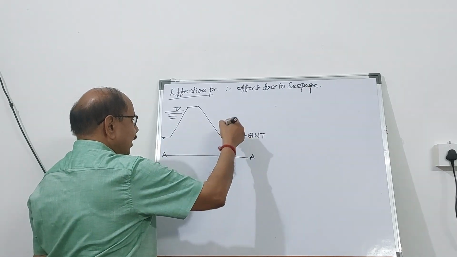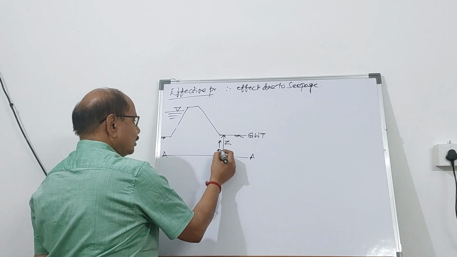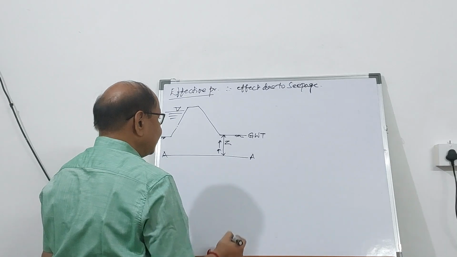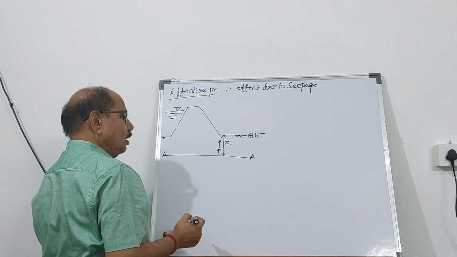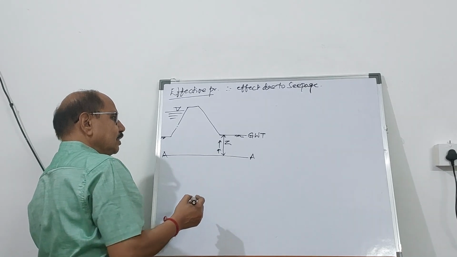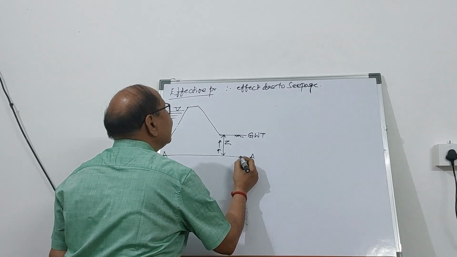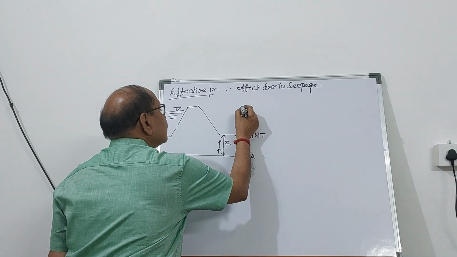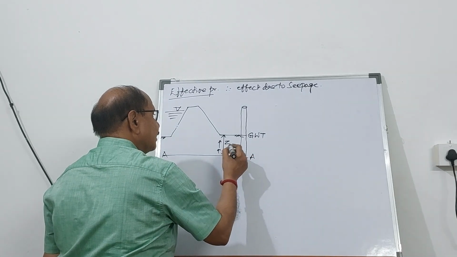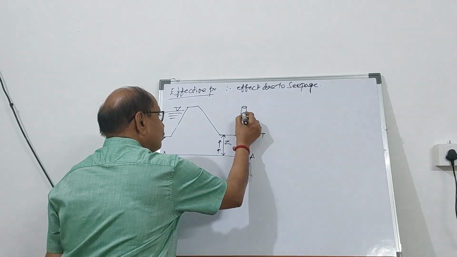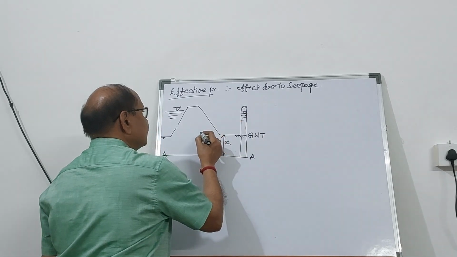Now the water is seeping and going in the upward direction. So the seepage pressure is acting over this length. Naturally, if you put a standpipe over here at A, the water is going to shoot up, say up to this point.